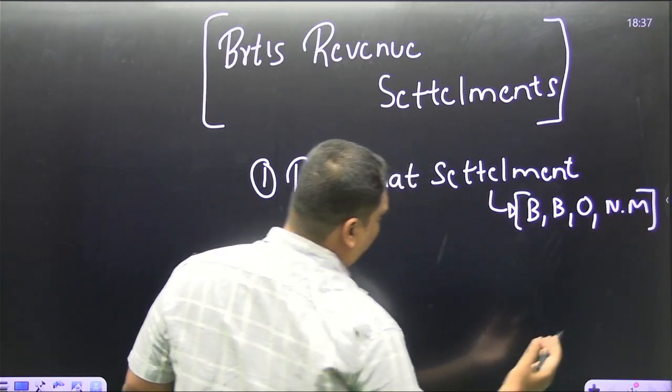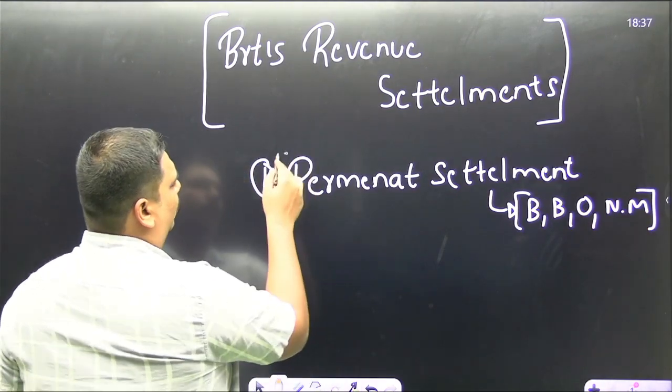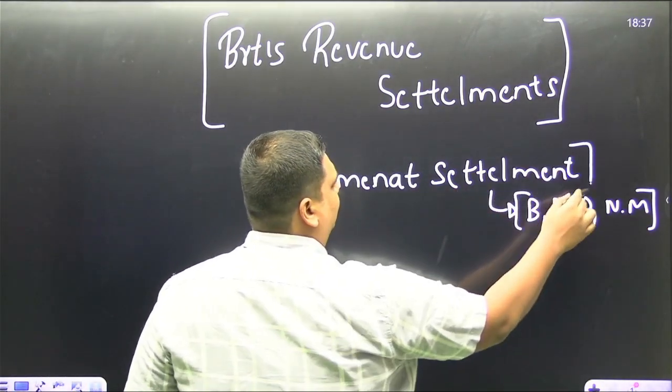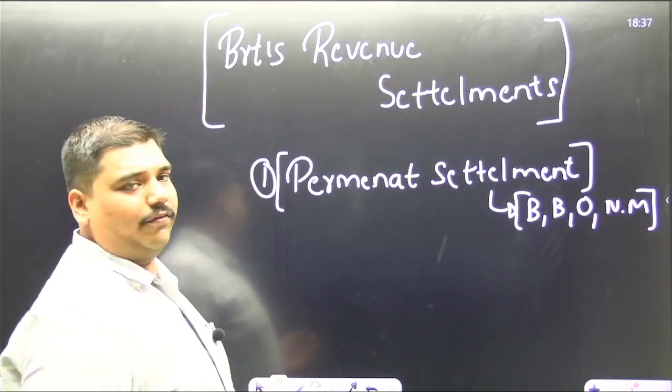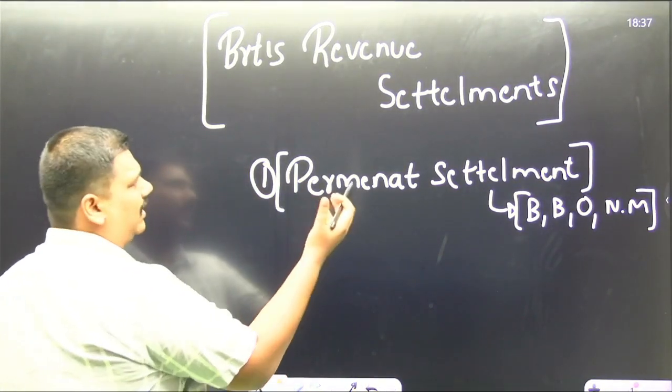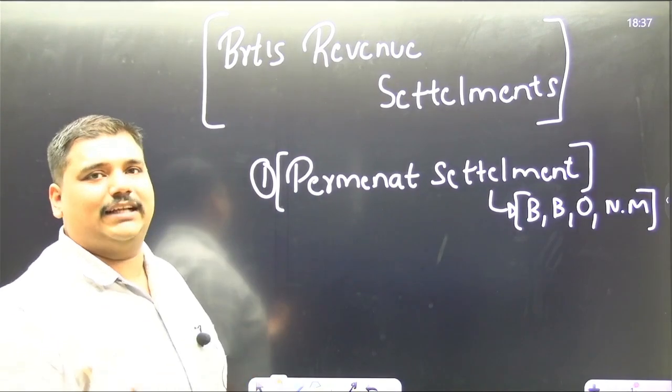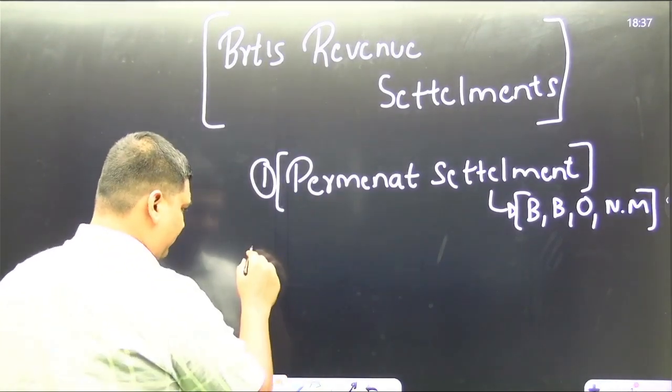These are the regions where permanent settlement was used by the East India Company as a method of revenue settlement. Revenue settlement means the collection of taxes.